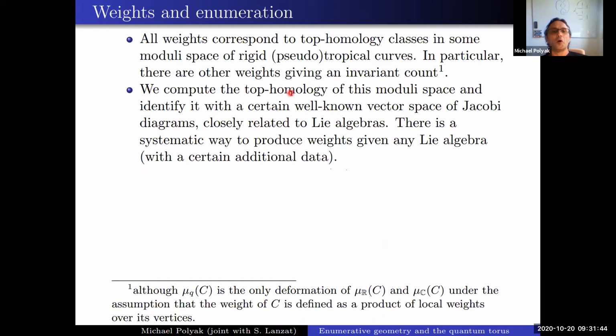And since top homology is related to weights of curves, then weights of curves are related to Lie algebras. So therefore, given a Lie algebra, with just a certain additional data, which I will not mention, there's a nice way to produce the weights corresponding to this Lie algebra.